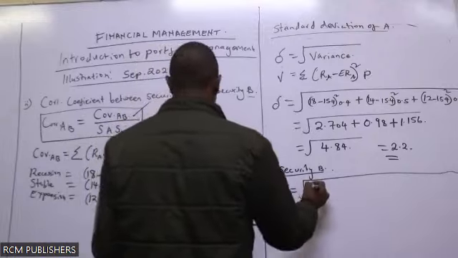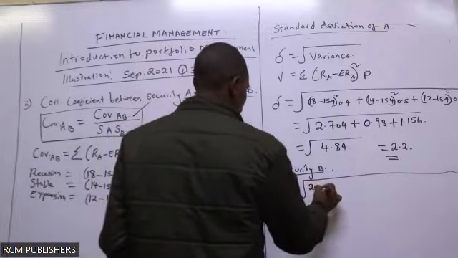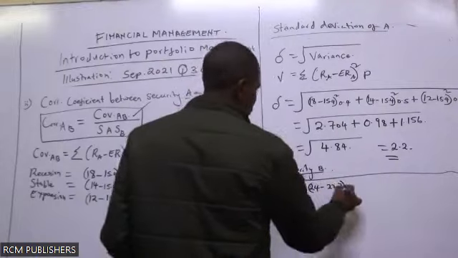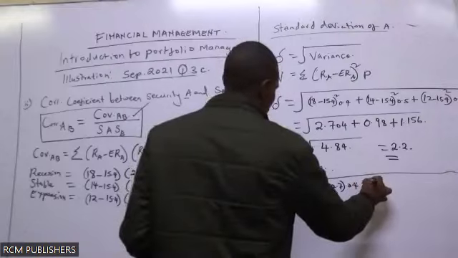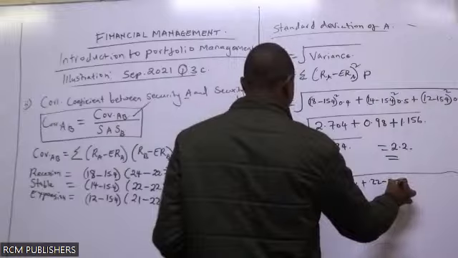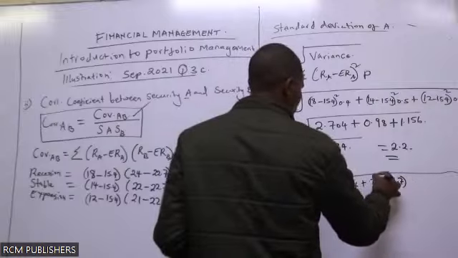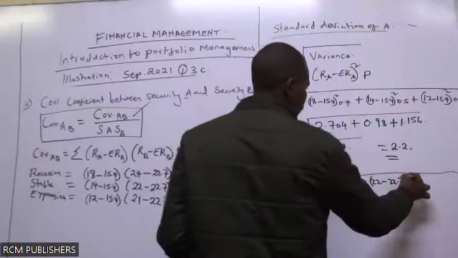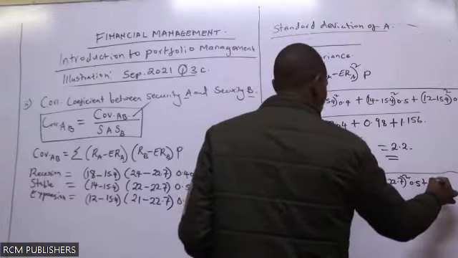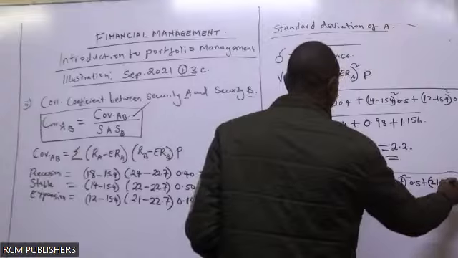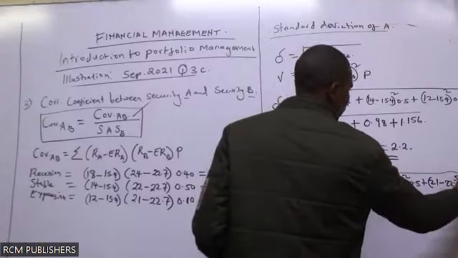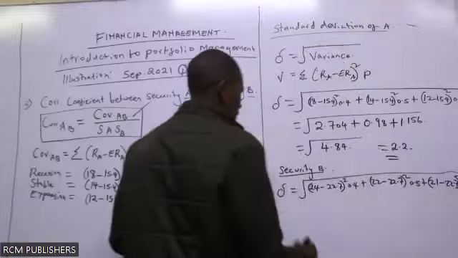And for B: 24 minus 22.7, 0.4, plus 22 minus 22.7 squared. Don't ever forget squared. Plus the last one is 21 minus 22.7 squared times 0.1.